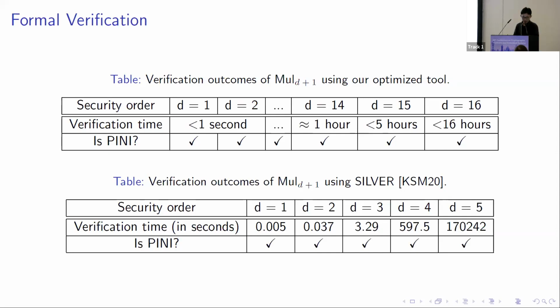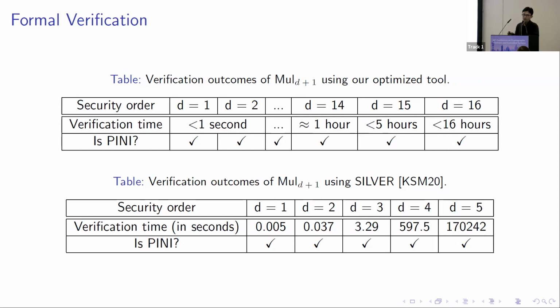We perform a validation using two tools separately. First, we develop our own tool that is customized for the gadget. The verification can be completed up to security order 16, while known tools can only verify multiplication gadgets up to order 12 at best.